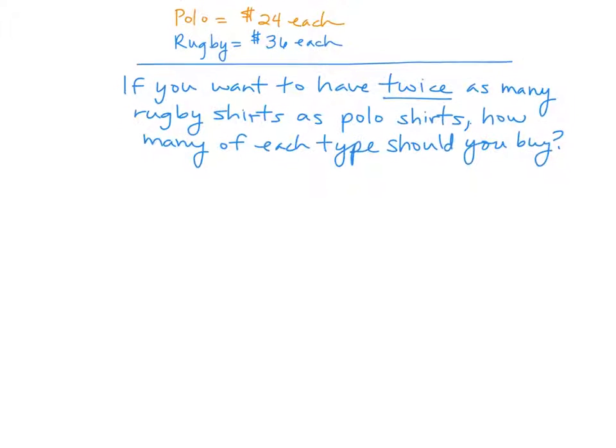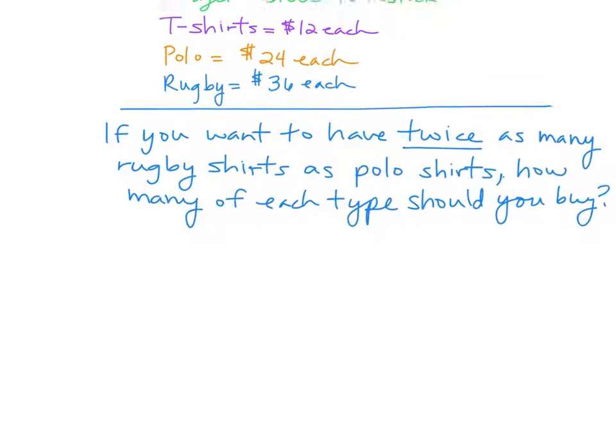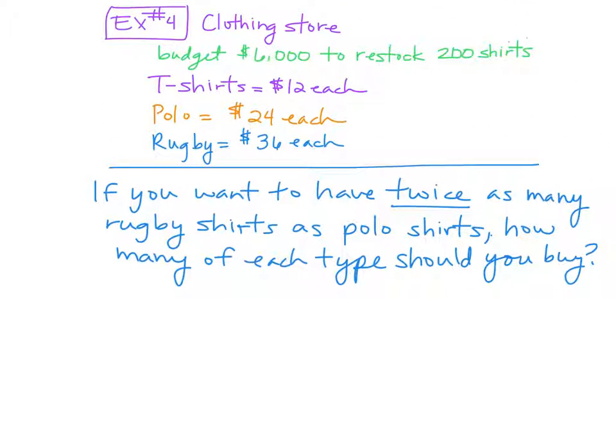Okay, so here's the deal. You have all this information to work with. You need to set up a system. A system is 2 or more equations, and we're going to solve those. So it says we're trying to buy 200 shirts.